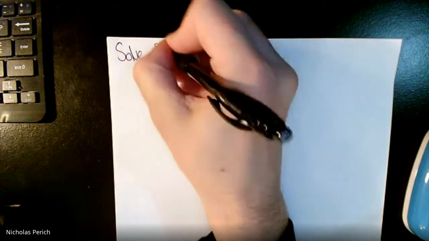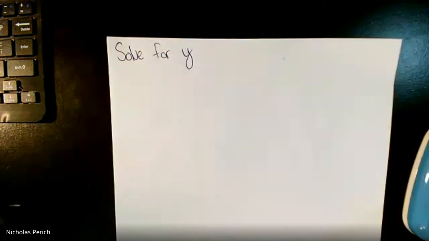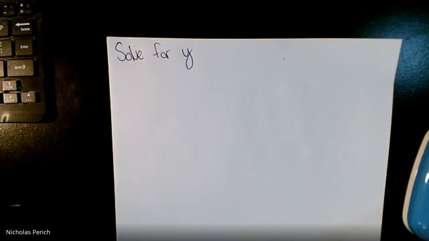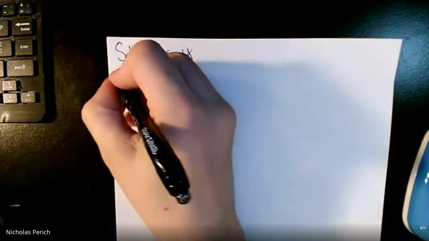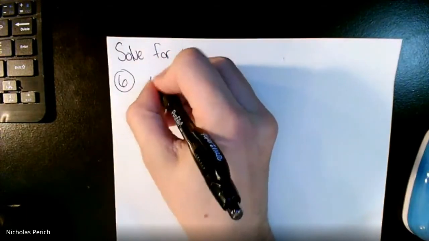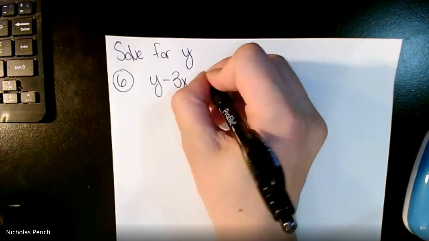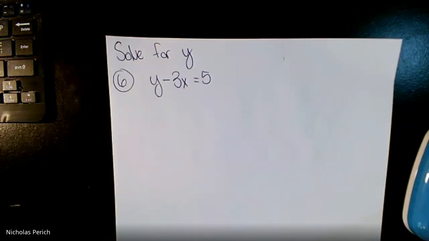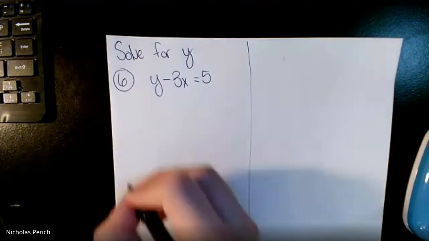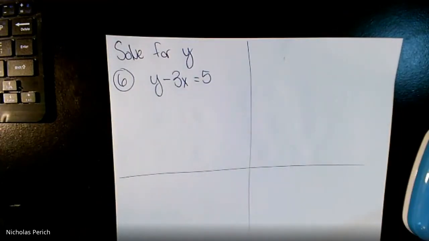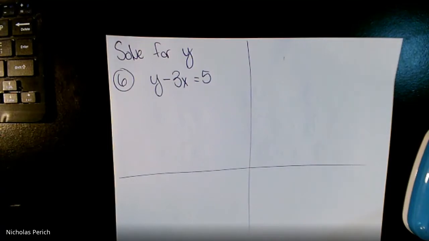Solve for y. So where are we? Problem 6. So I have y minus 3x equals 5. Is y all by itself? No. What's in the way?